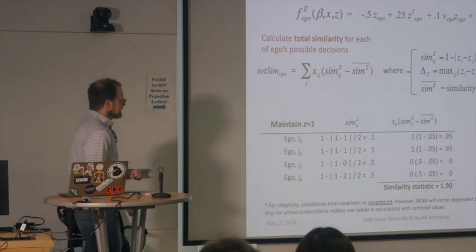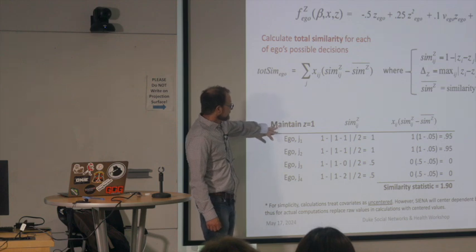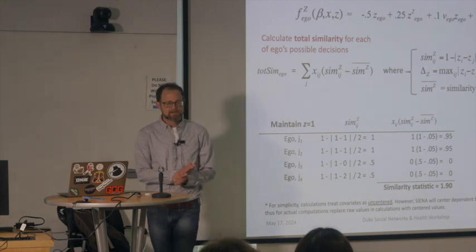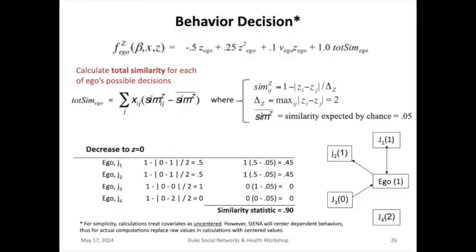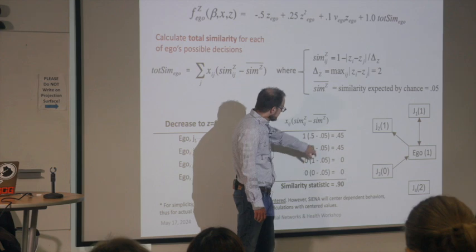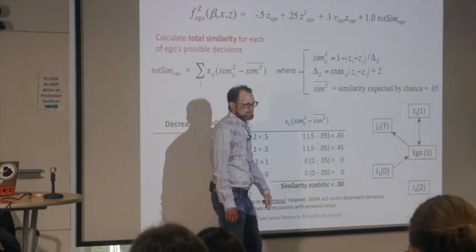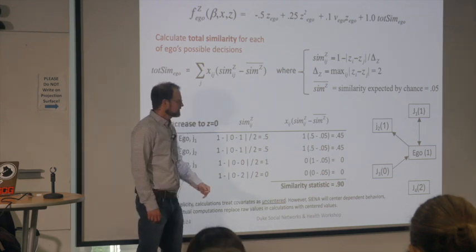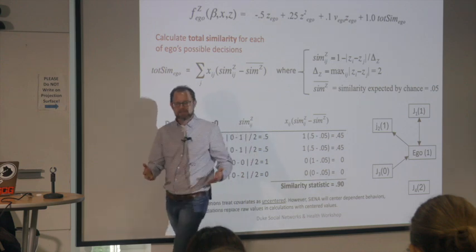Okay, so this is how similarity changes if ego stays at level 1 of smoking. If ego were to consider dropping their smoking level to 0, then we calculate, well, what does that mean for the similarity in each of these dyads? Well, these drop down, right? Ego's friends, ego becomes less similar to them, so that drops down. These other two still aren't friends, right?